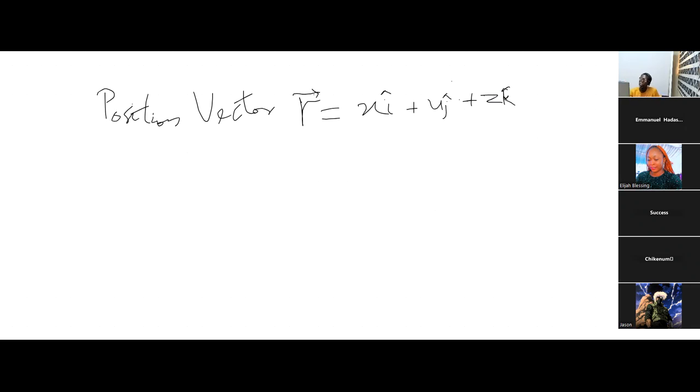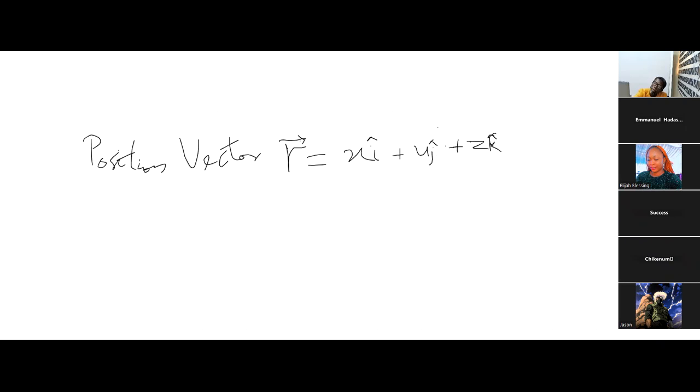All right, good. This formula I put on the screen for you is referring to position vector R, which is telling us that considering x, there's an i here, there's a j here, there's a k here.